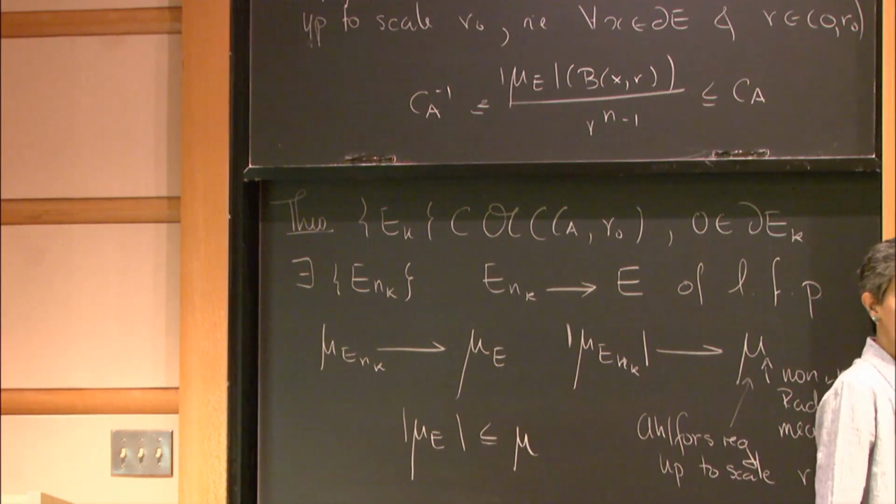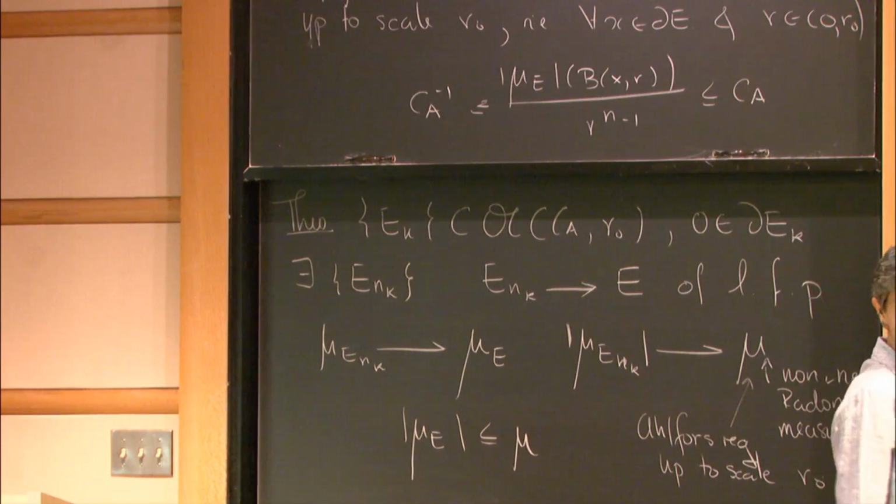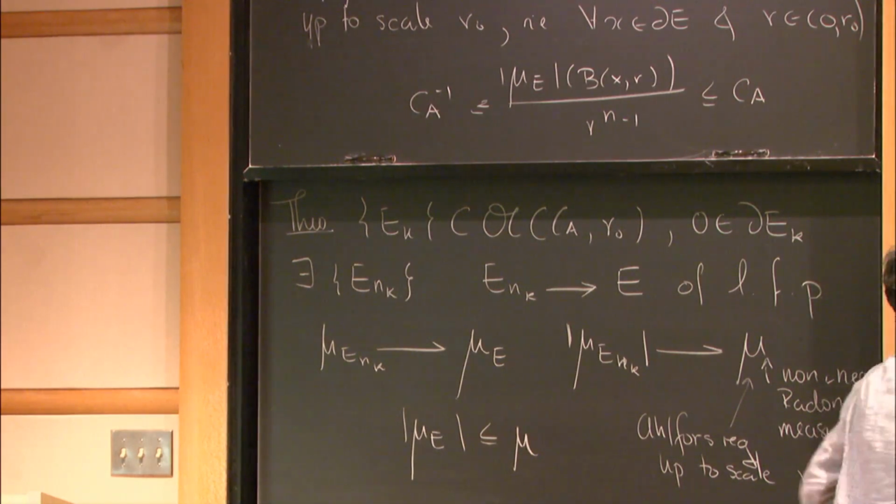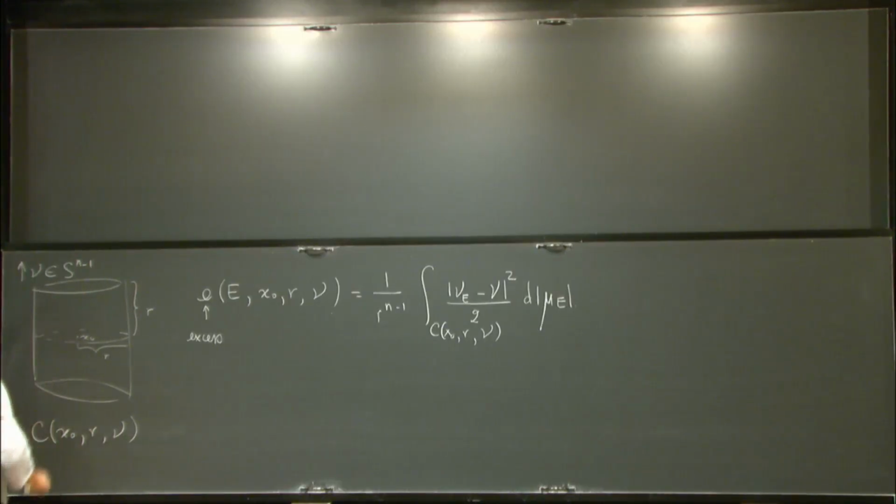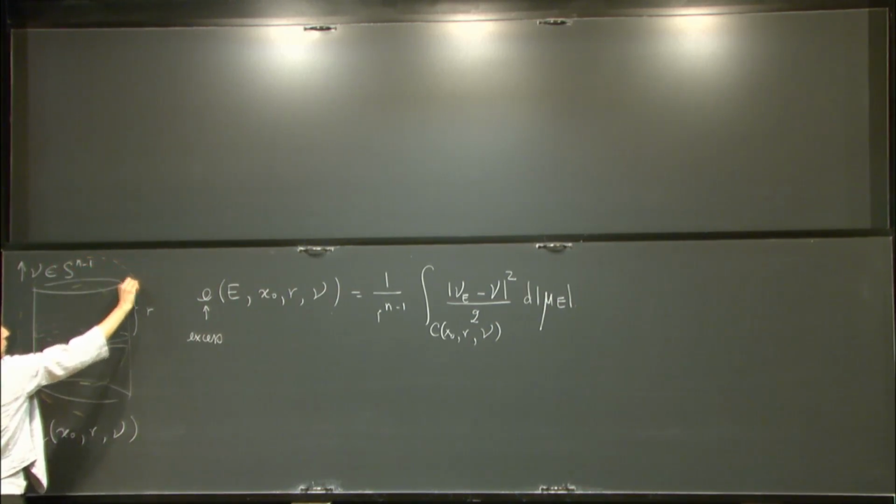I hope we all agree that if I have this cylinder of radius r, I can stick a ball of radius r inside it, and that my cylinder is contained in a ball of radius square root of n times r.